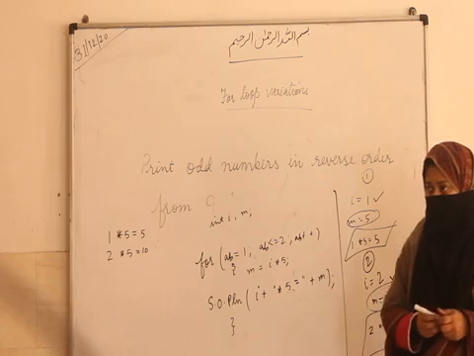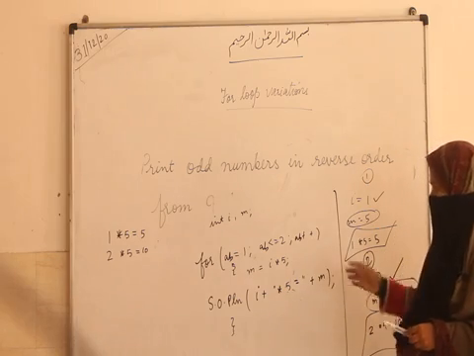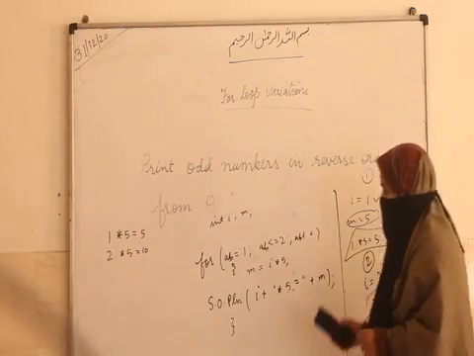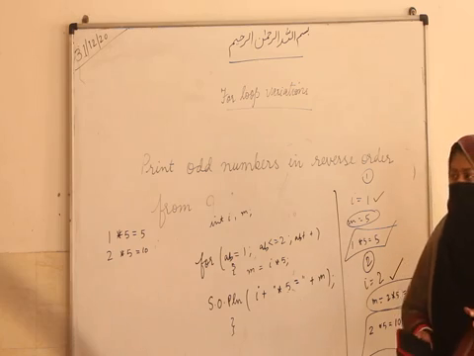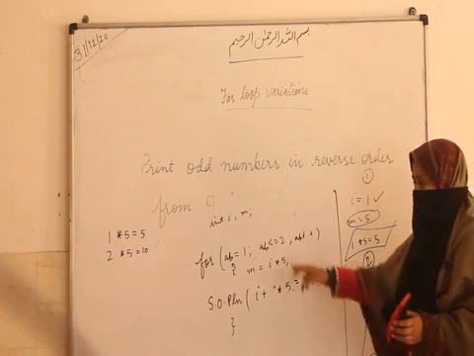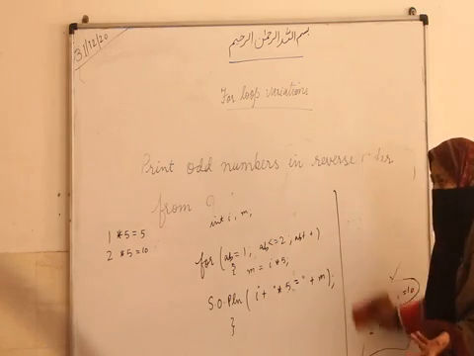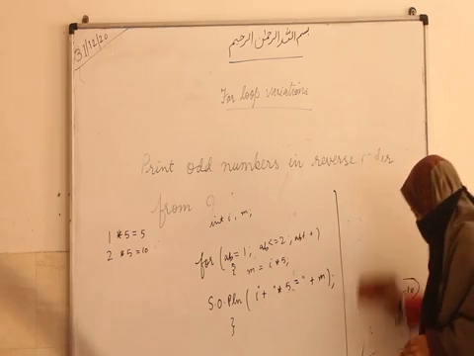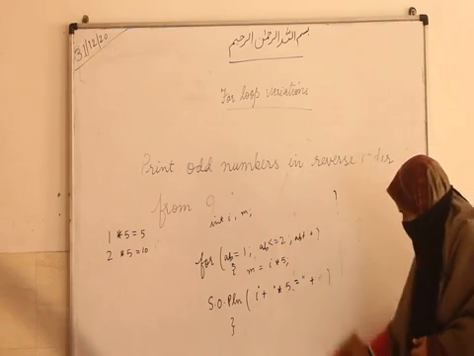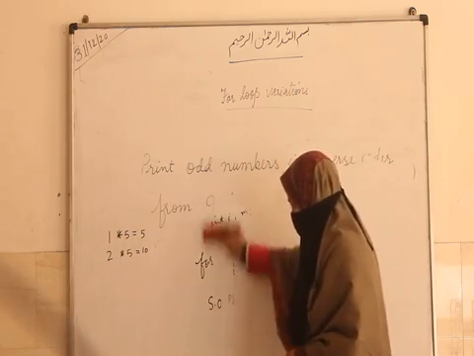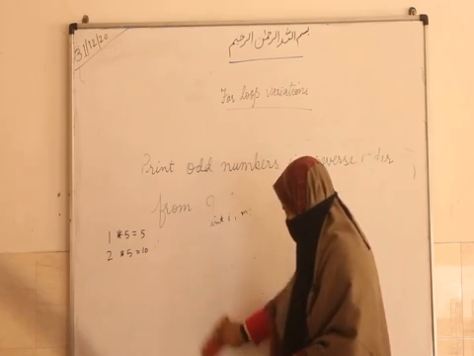Variable is just a name you have to give from your side, but it should not start with numbers. It can be A1, but 1A cannot be. You have to practice it at home.